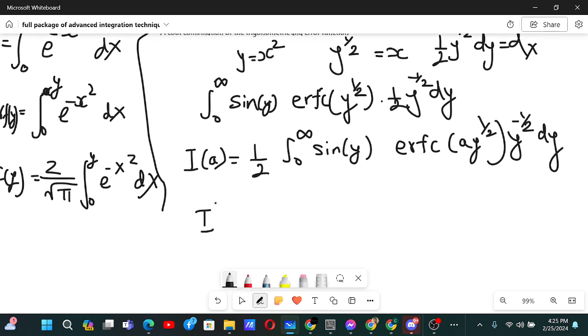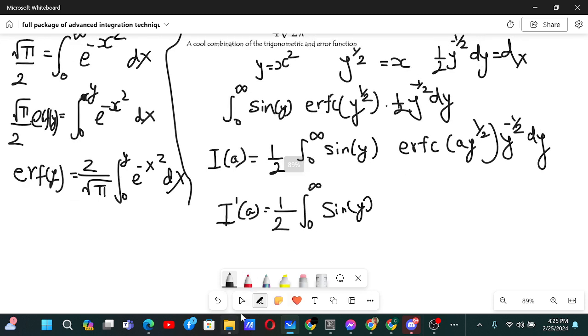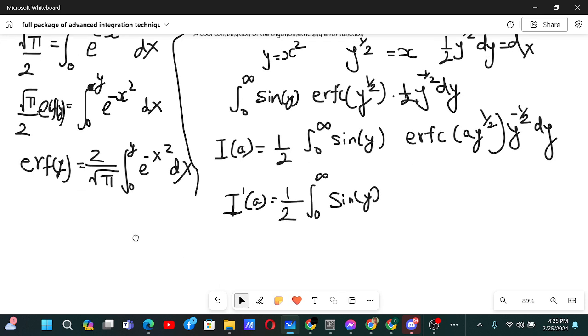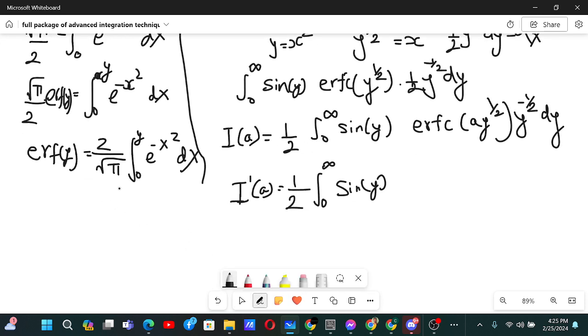Let's differentiate this with respect to a, and we get 1 by 2 integral from 0 to infinity of sine y. And now if we differentiate this, what do you think we will get? You can see this from the fundamental theorem of calculus itself.